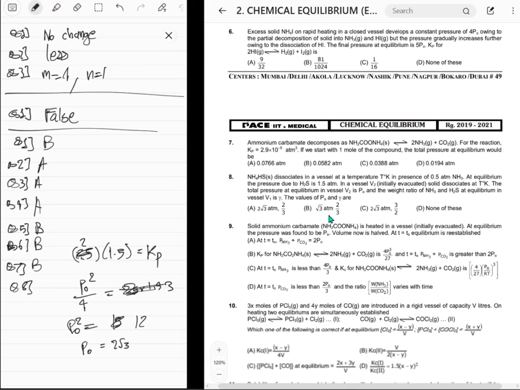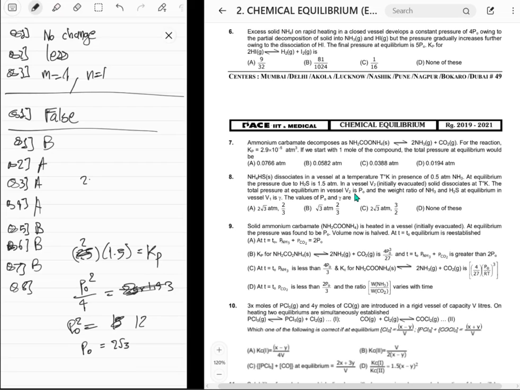And what you want is the weight ratio of NH3 and H2S. So both are the same number of moles. NH3 is 17 by mass and H2S is 32 plus 2, that's 34. So it's 1:2, right? Okay, in vessel V1, that's different because now it's 2 is to 1.5.